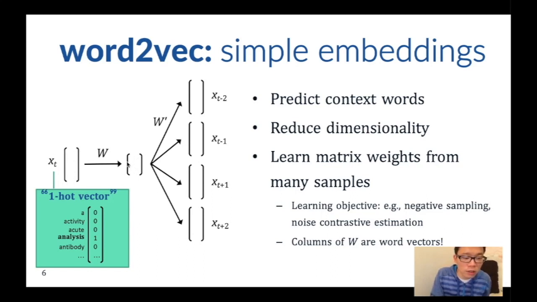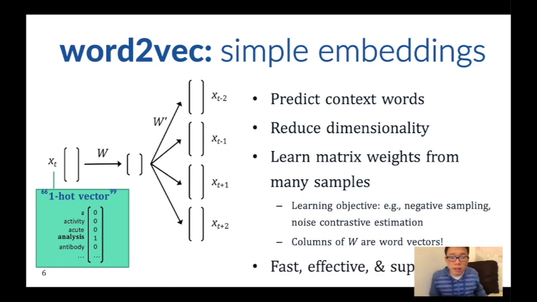You squeeze it down into 200 or 300 elements in a vector. So for each one of the say 1 million words in your vocabulary, you're going to have a 200 or 300 element vector corresponding to a column in this matrix. So that's where your word vectors are.